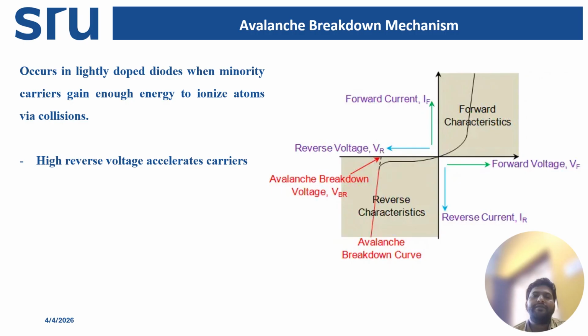It is called avalanche because one carrier creates many carriers. One electron creates many electrons, and the number of carriers multiplies rapidly, just like a snow avalanche grows quickly as it moves downhill.